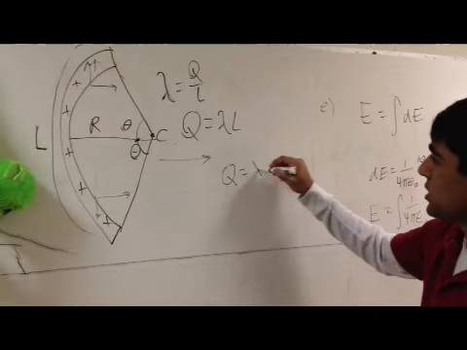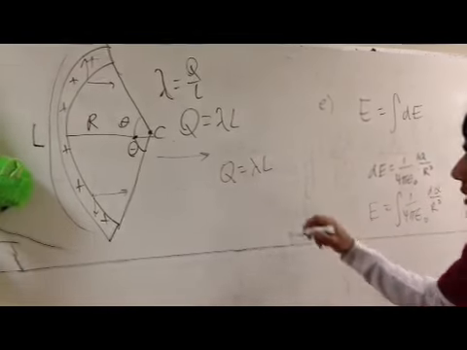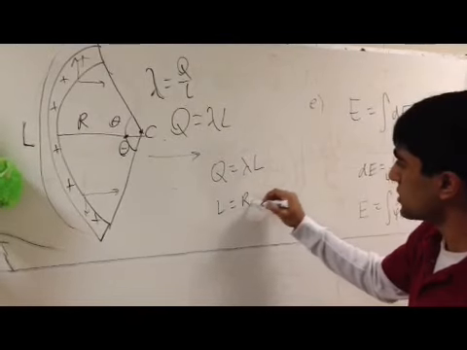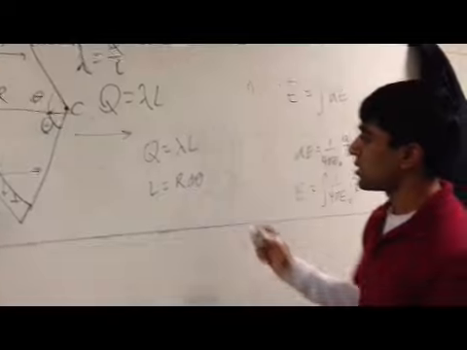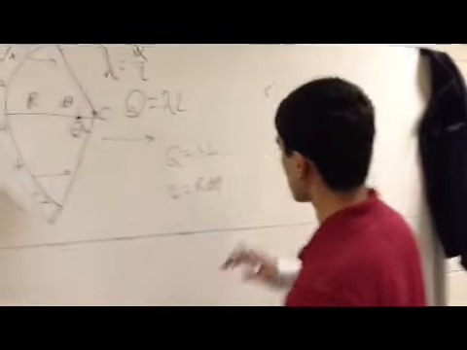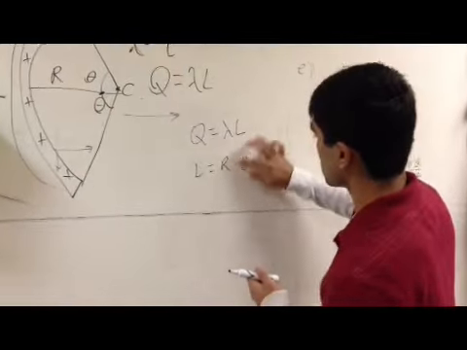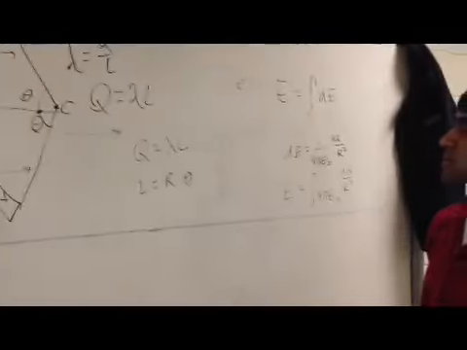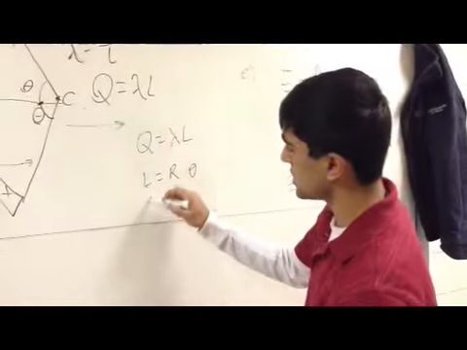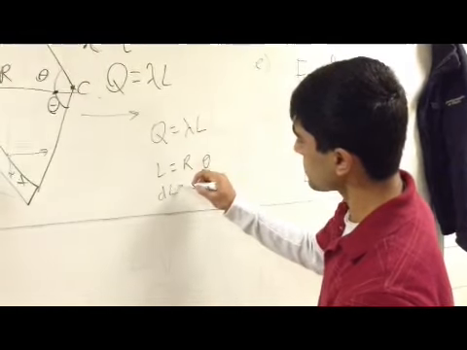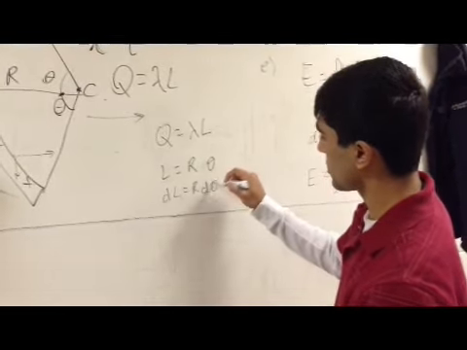Q equals lambda L, and L equals r theta. We showed that in the previous section. And if we take the derivative of both sides, dl equals r d theta.